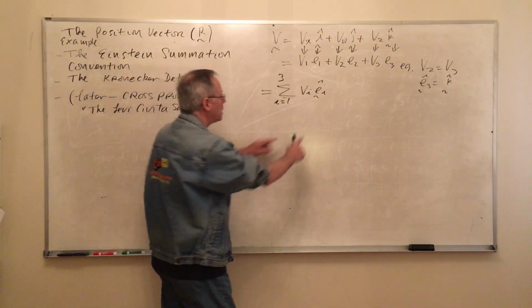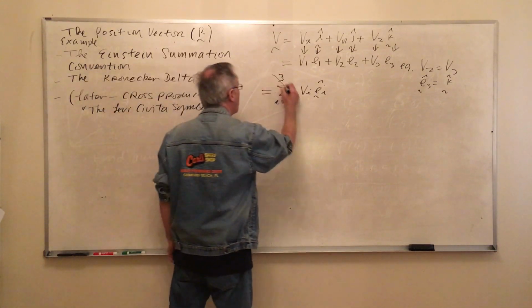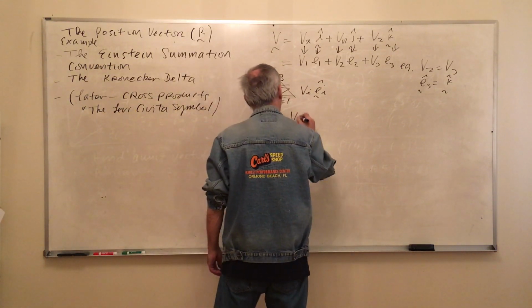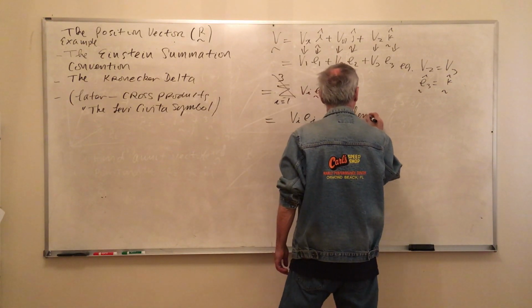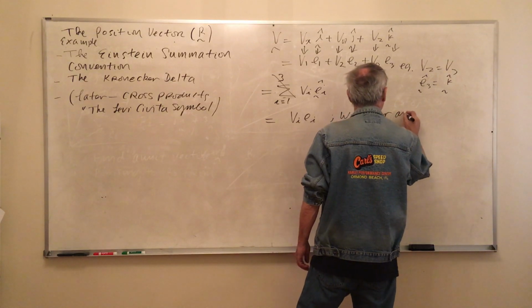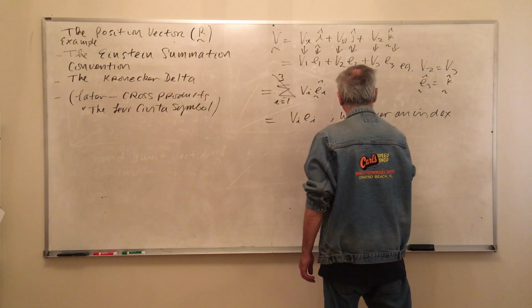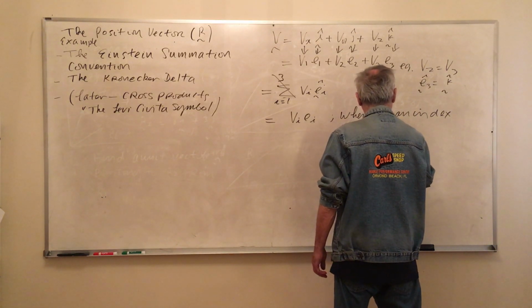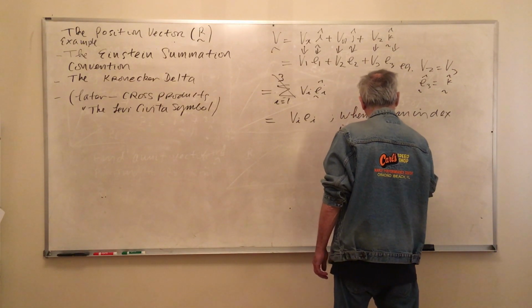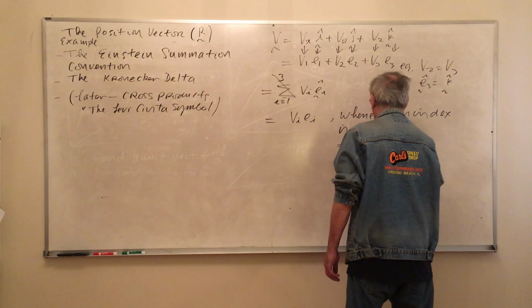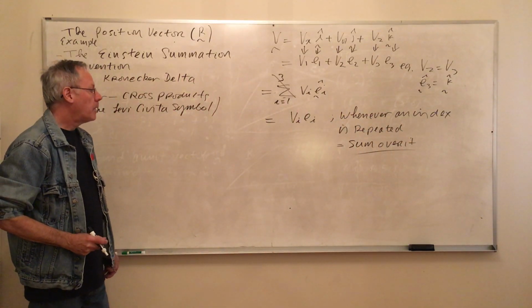Now Einstein noticed that when you have indices repeated, you can make this sign redundant, get rid of it. All it means is this: whenever you see a repeated index, sum over it. It's a powerful tool.